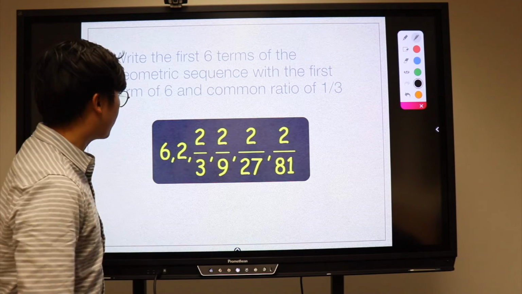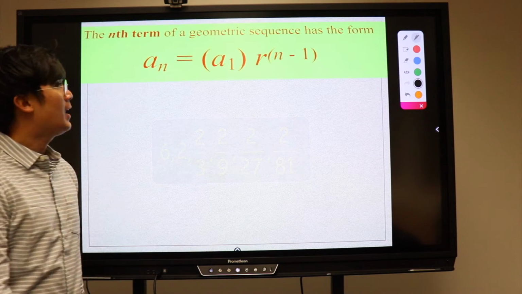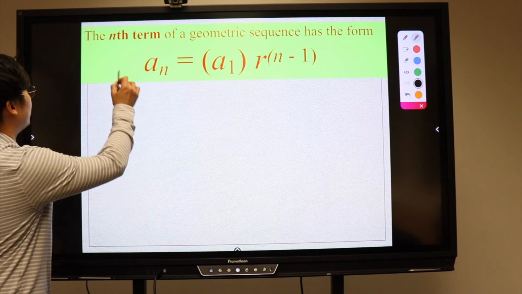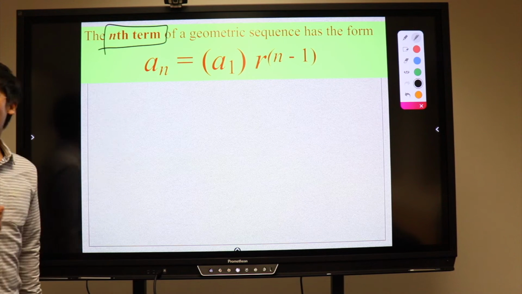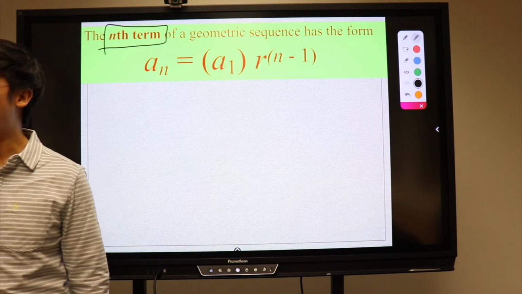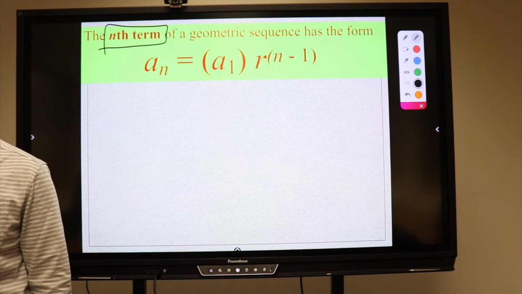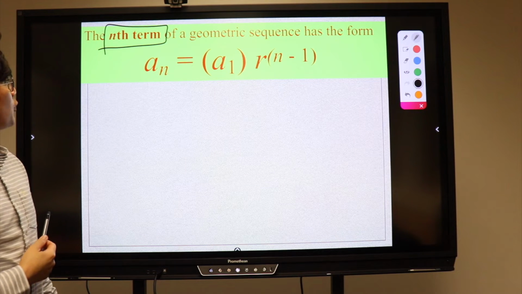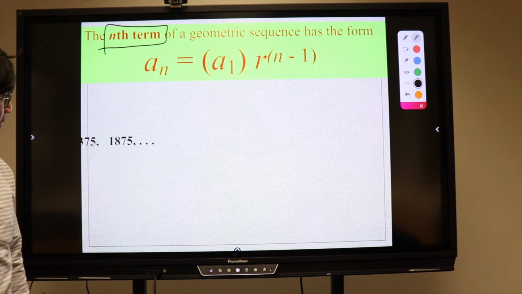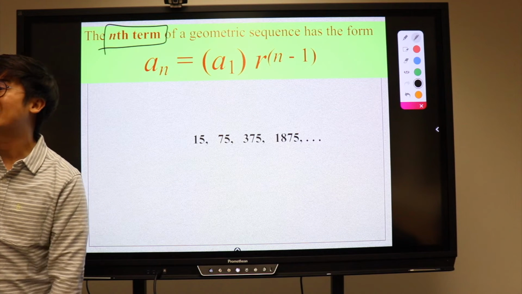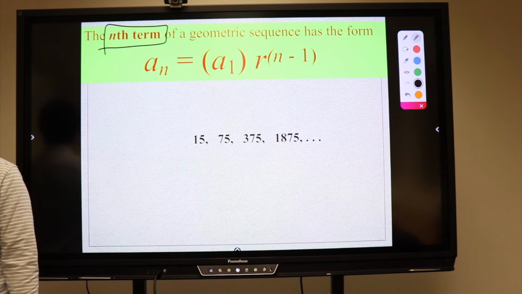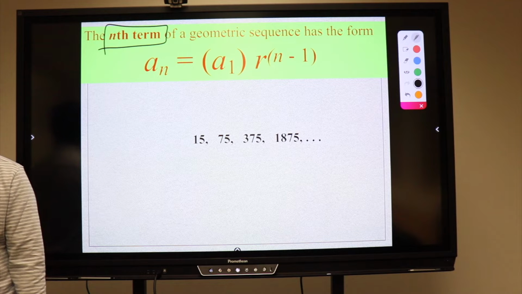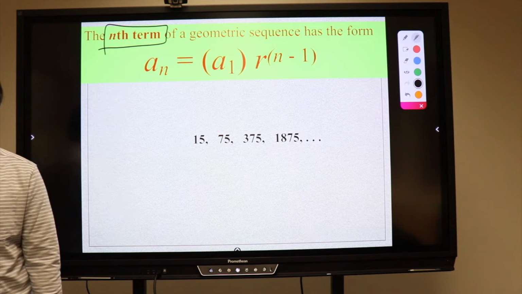That's your homework tonight. Now, we're going to find the nth term. When we're looking for the nth term, we're looking for the formula, right? You're given the sequence and you need to find the formula for the sequence. And how are we going to write the formula?